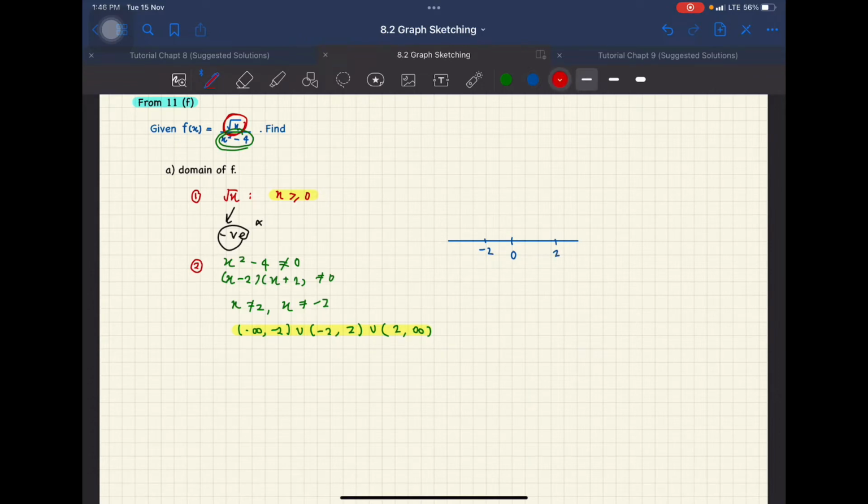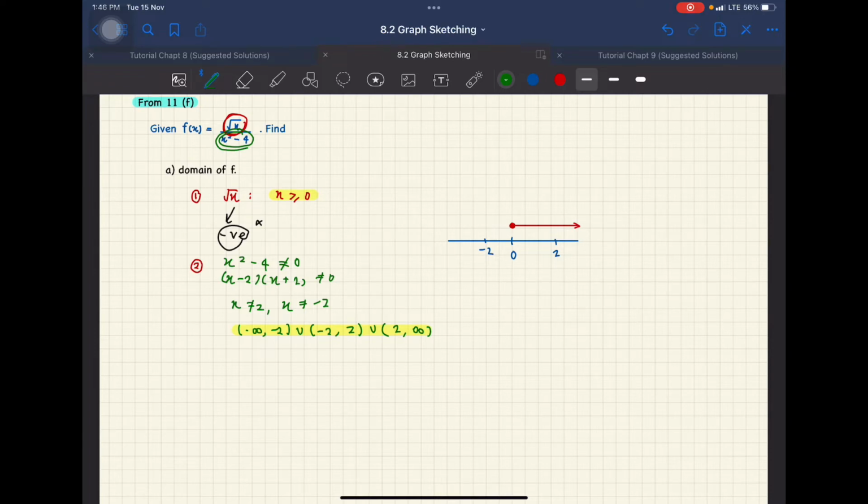Okay, so for the red one, the first graph, the square root punya x, square root x. Okay, so it is from 0 included sampai ke positive infinity. Like this. Okay, so this is the first domain lah. Right? And then for the second domain, so the green one, so dia cakap semua nilai every value except for 2 and negative 2.